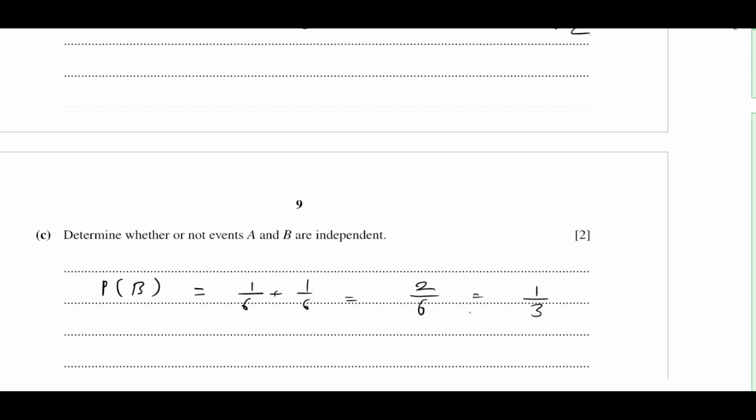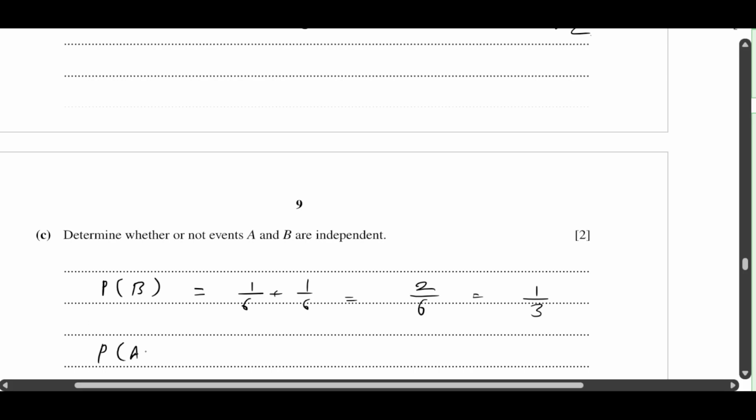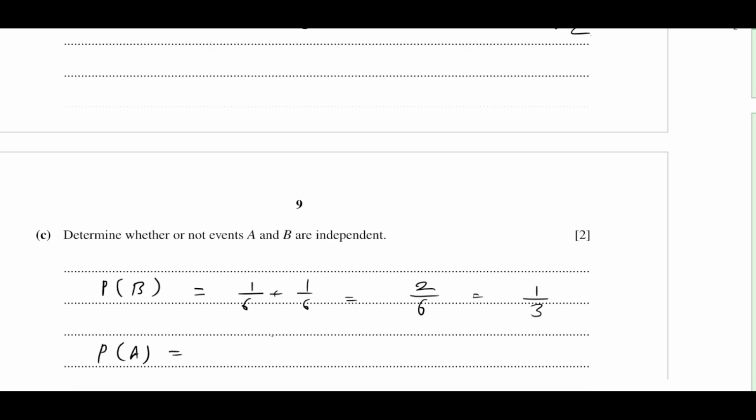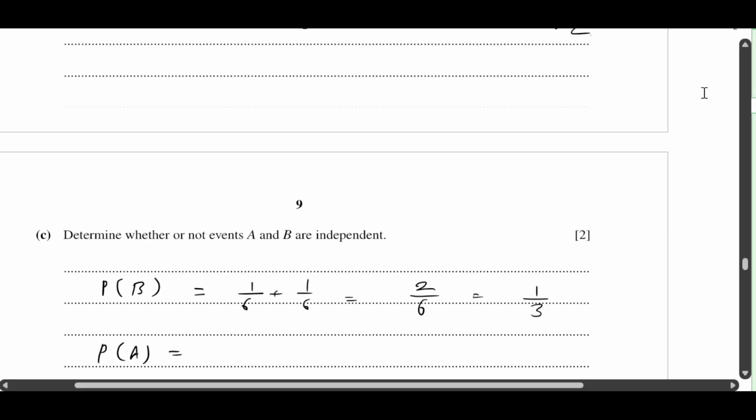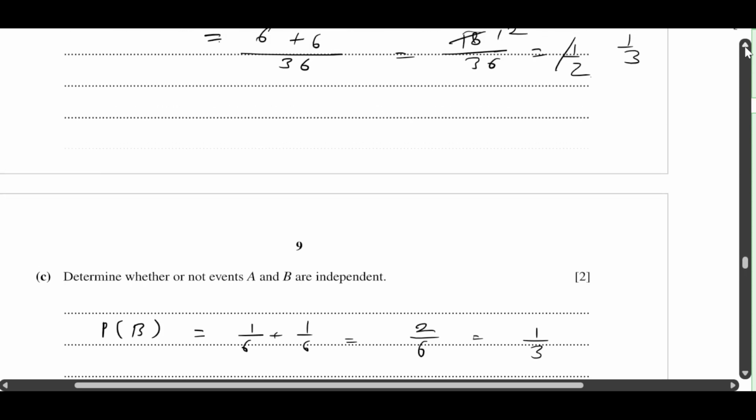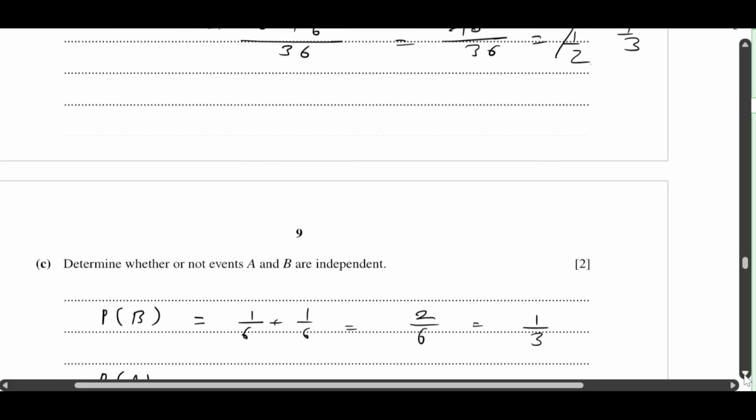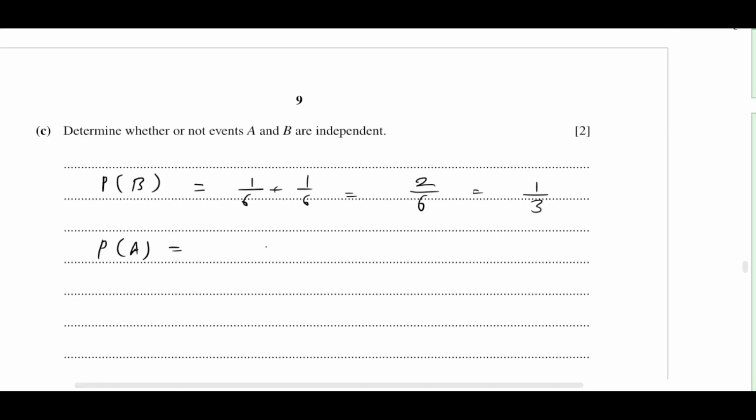The probability of B is what? 1 divided by 3. Probability of A is what? Here we get 1 divided by 3. Probability of A is also 1 divided by 3.